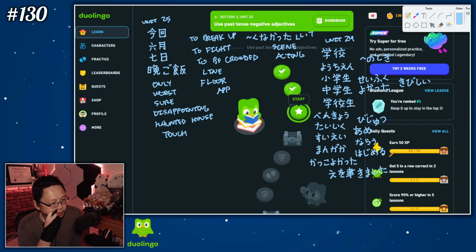絵を描きました。I don't think there was a radical to the left. Wait. Might have been something at the bottom, though.